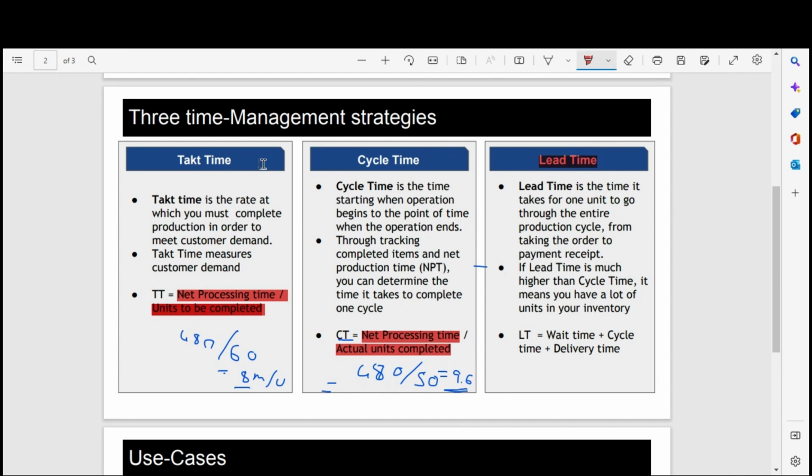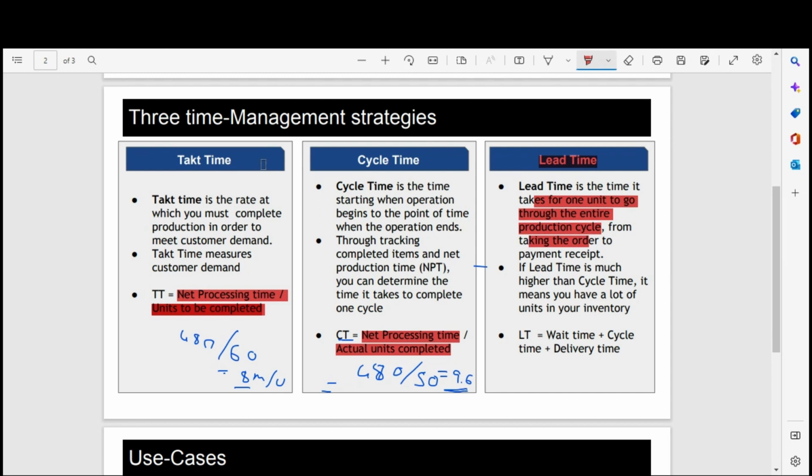Since we have now understood what takt time and cycle time are, let's move on to another terminology called lead time. So what is lead time here? Lead time is the time it takes for one unit to go through the entire production cycle, from the time the order is initiated to the payment receipt. In other words, lead time is the overall time taken to produce one product, from the time the order is requested to the time the order is delivered back to the customer.